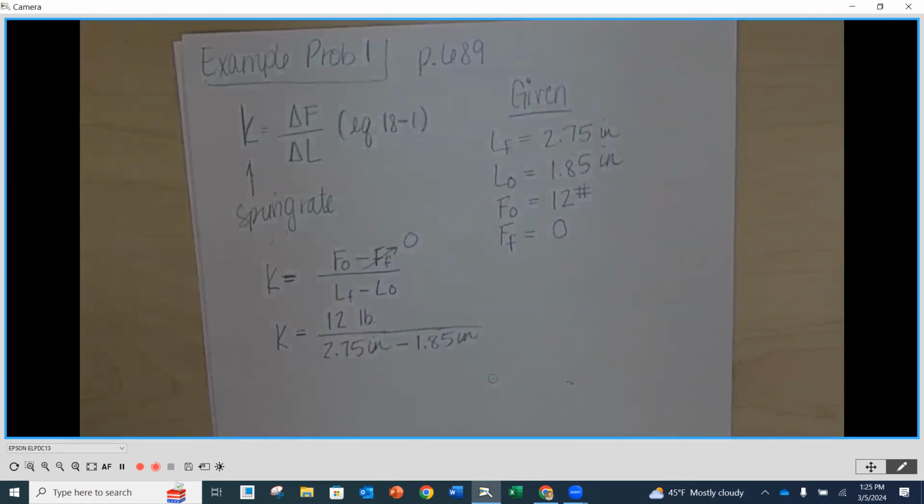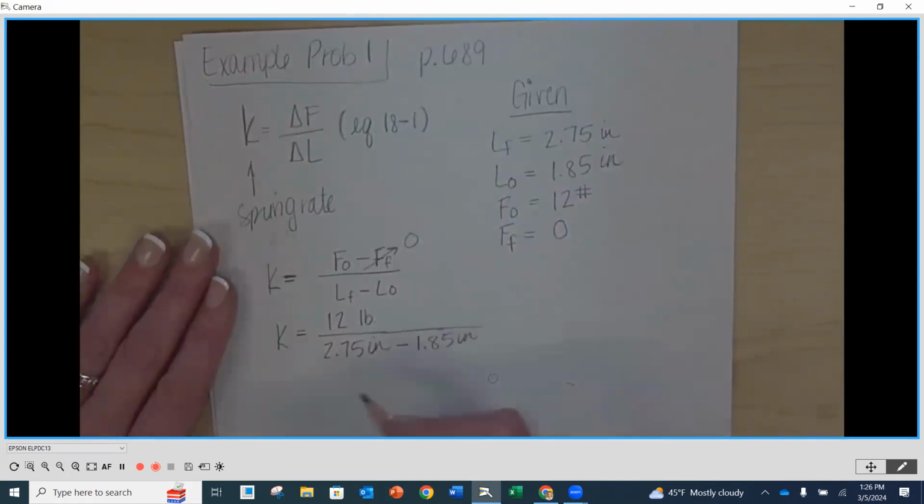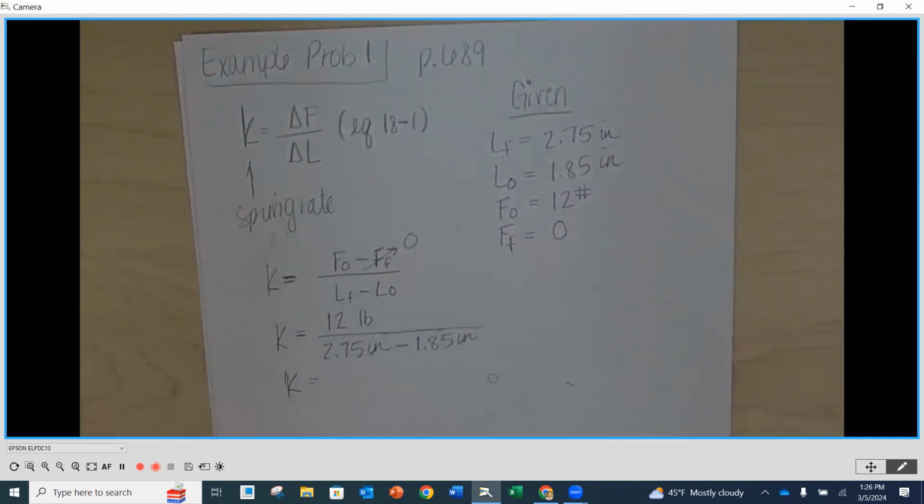Pounds per inch, exactly, because we're trying to say, okay, how many pounds does it take me to go a unit of one length? That's what I want to know. And that's then what I can apply anywhere. I'm able to then predict whether it's a length or a force or calculate a spring rate. Okay. So now I'm going to take 12 and I'm going to divide it by 2.75 minus 1.85.